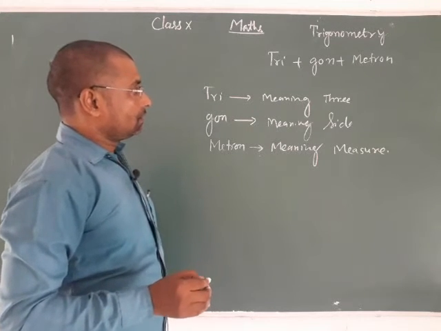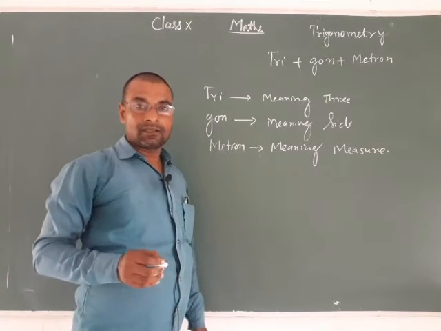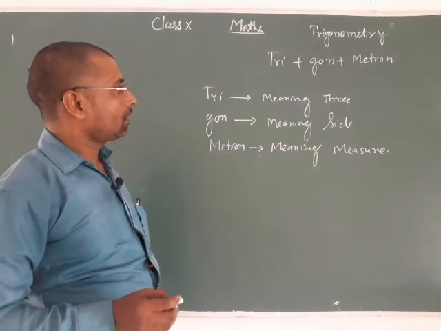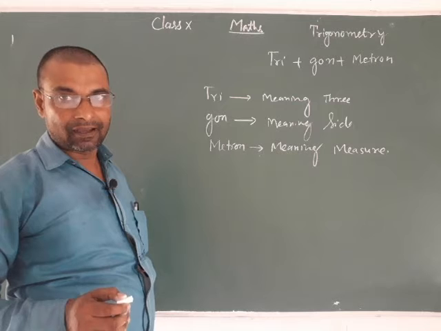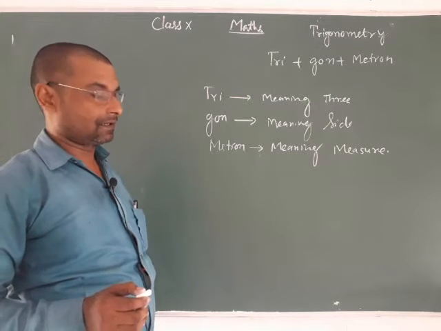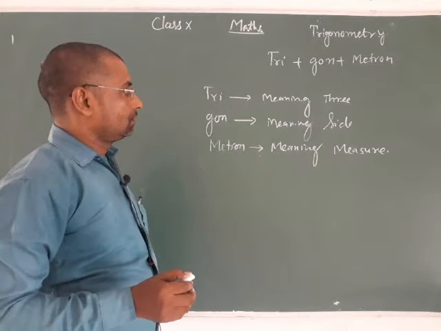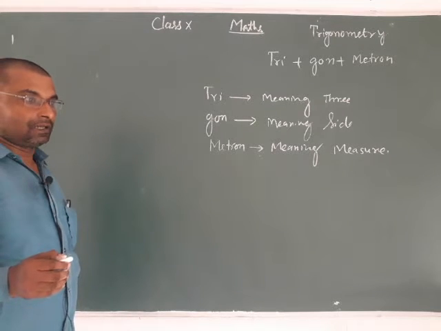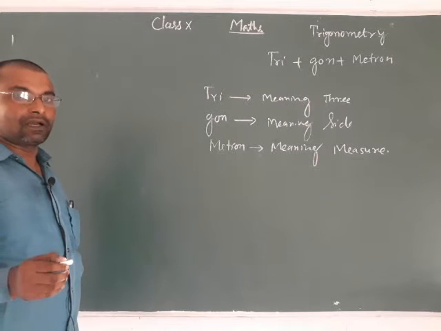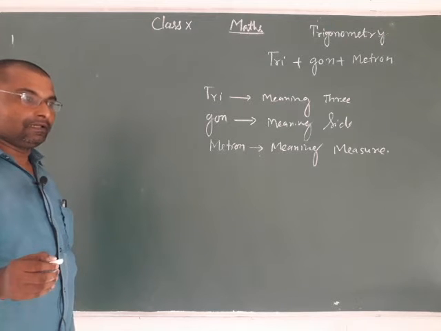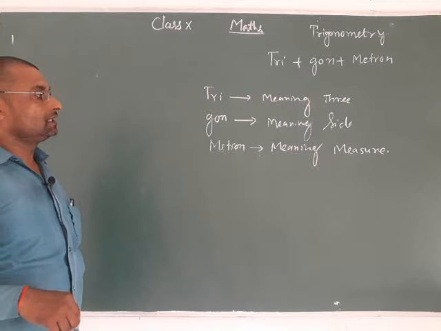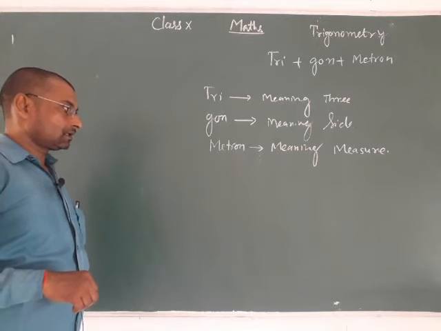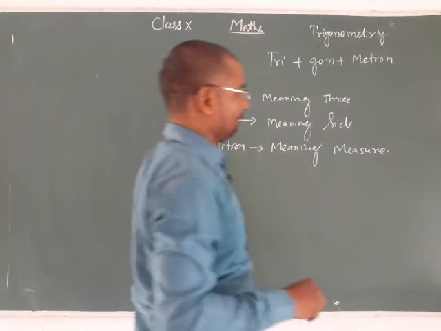Trigonometry is the study of the relation between angle and side in a triangle, and also the ratio of sides in a right triangle with respect to an acute angle.